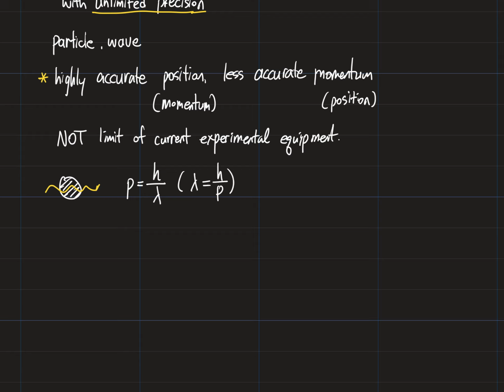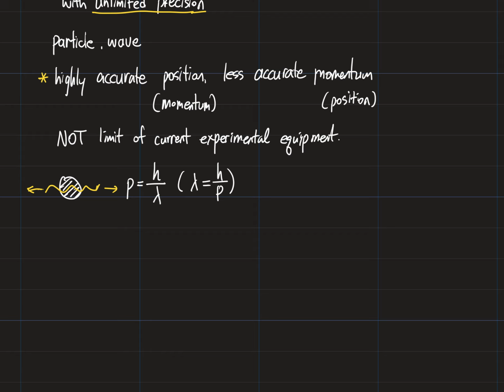However, a wave with a single wavelength is a continuous sine wave extending infinitely through space, right? So the wave extends infinitely. That means its position is completely uncertain. It's everywhere at once, right? The wave is nearly infinite.